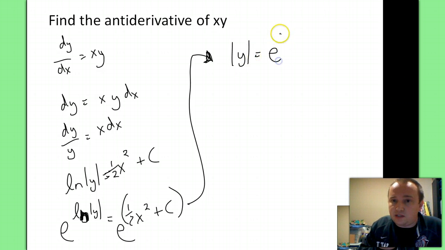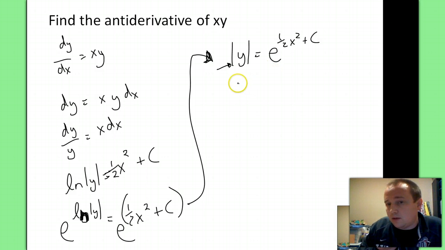Now on the right side, I've got e to the 1/2 x squared plus c. Now we don't write it like that. Next up, I can ditch the absolute value, because if I raise e to a power, it's going to be positive. So I can just say y now. So y equals e to the 1/2 x squared times e to the c.